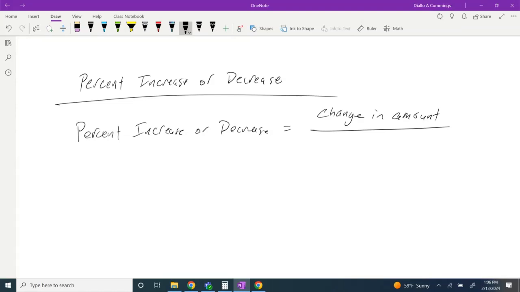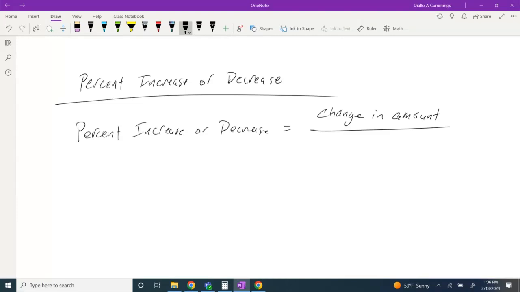So if that change in amount goes up, that's a percent increase. So like if you're at your job and you get a salary raise, that change in amount from your old salary to your new salary, that's the change in amount.